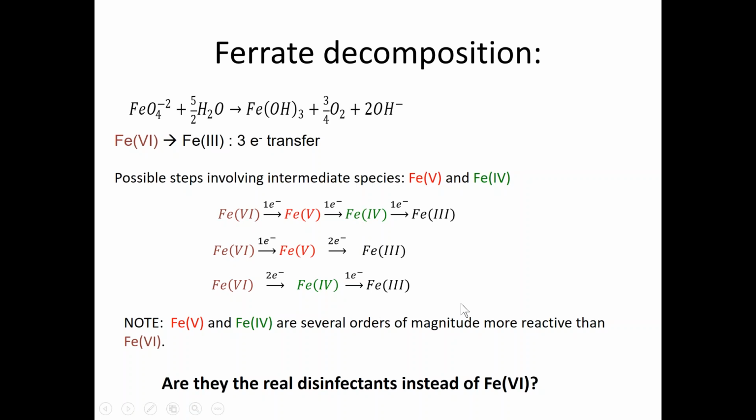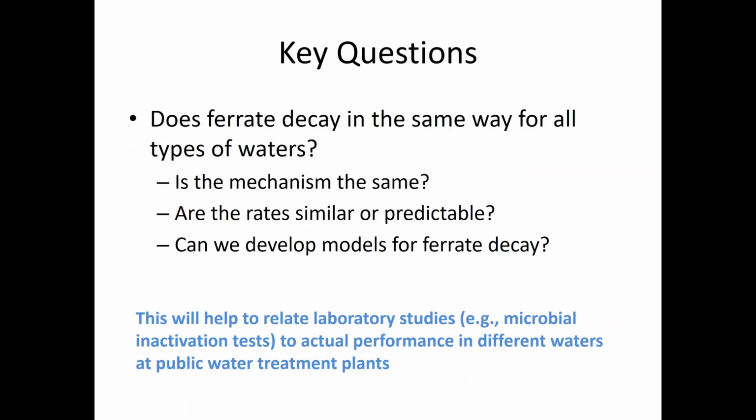One of the questions we've often asked, and need to establish when it comes to determining disinfection credits, is how important are these intermediates, the iron 5 and the iron 4? But that's more for the chemists and the researchers. I wanted you to know that it is one of the areas of active research right now.